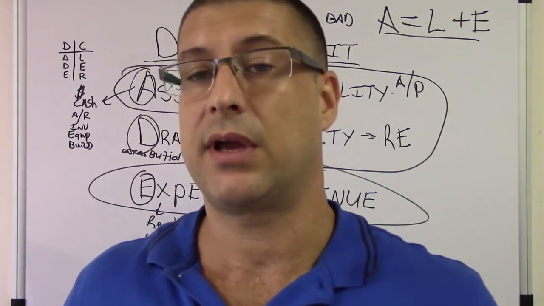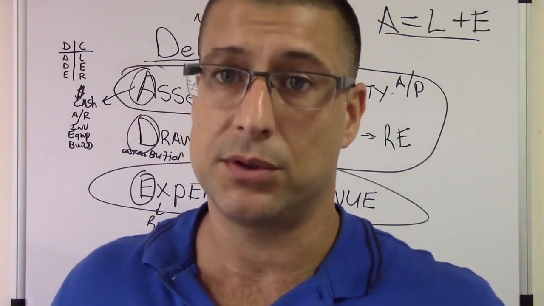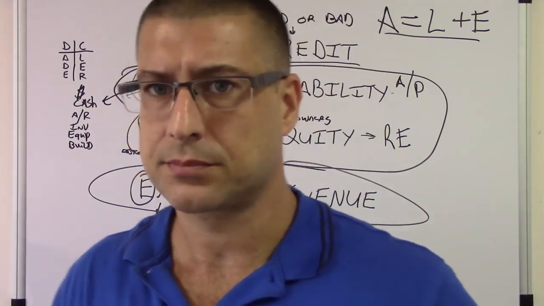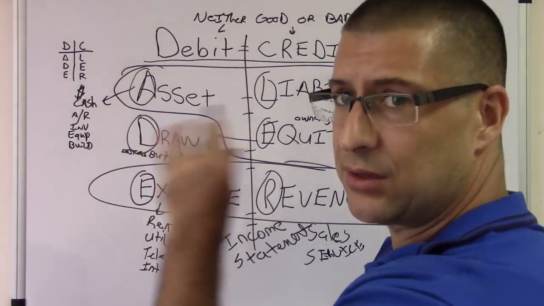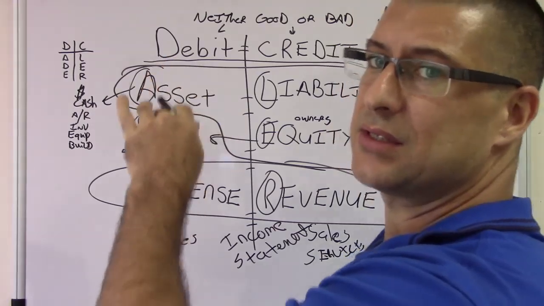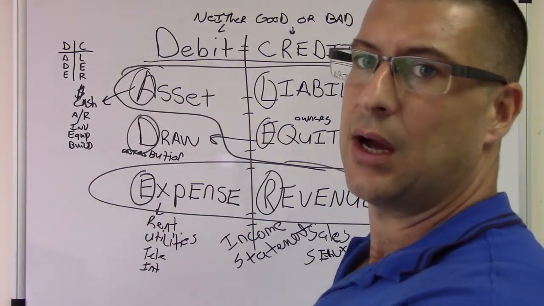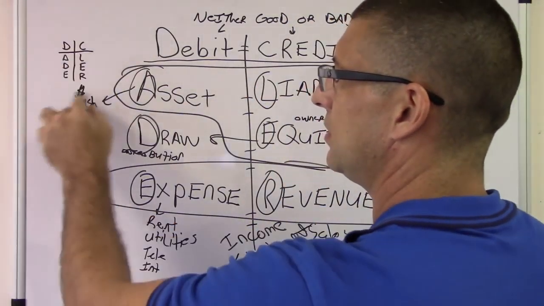So I feel like I need to share to people who struggle. You don't need T accounts with this. This is kind of a T account. This is all you'll ever need. DC AID LER, really.